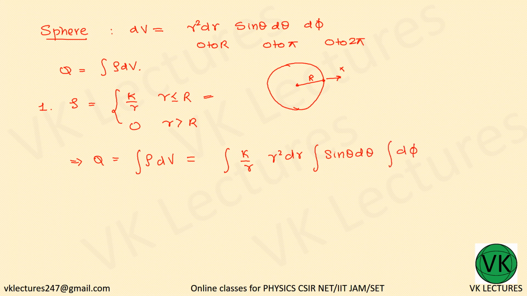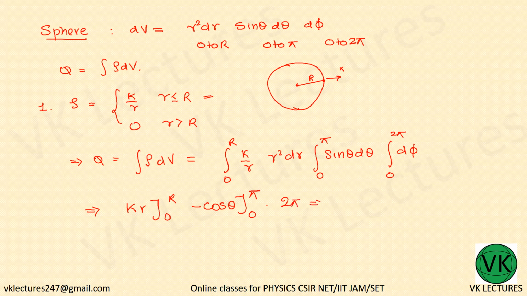R ranges from 0 to capital R, theta from 0 to pi, and d phi from 0 to 2 pi. So this gives us k by r, and r gets cancelled, so it is k r from 0 to capital R, times the integral of sine theta d theta. The integral of sine theta is minus cos theta varying from 0 to pi, and d phi gives 2 pi.